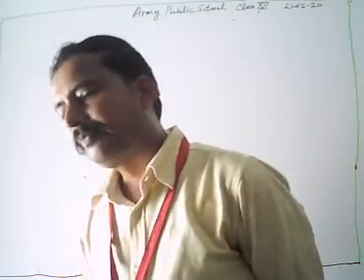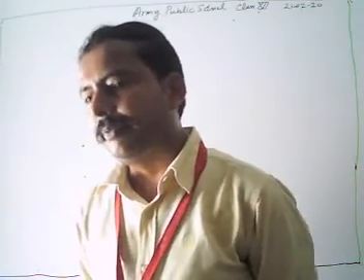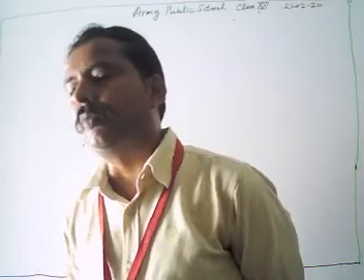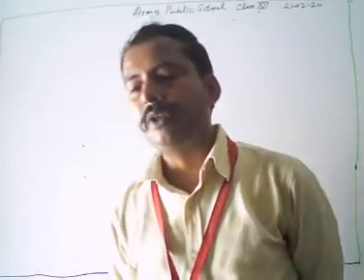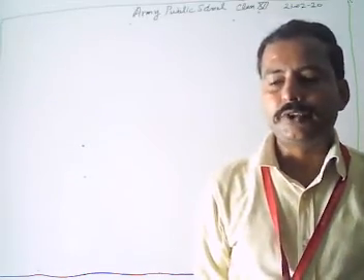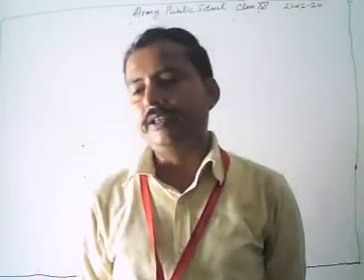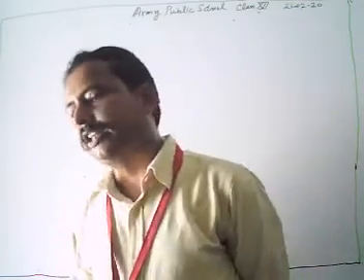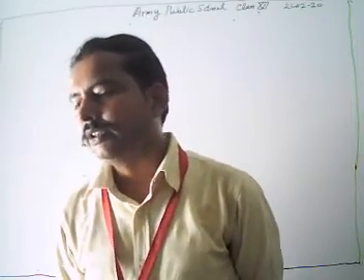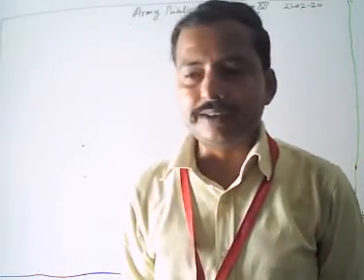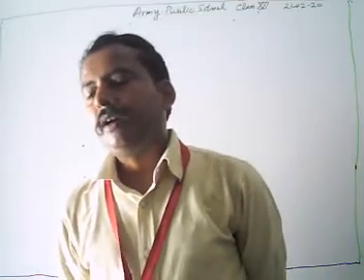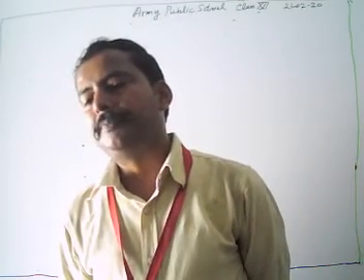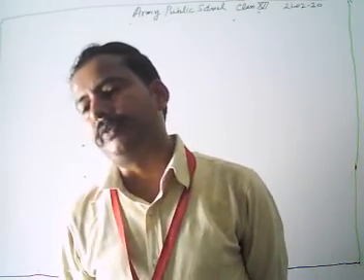Now look, again I am going to revise the steps to solve a homogeneous differential equation. First of all, transform the differential equation: take dy/dx on the left hand side and put everything containing x and y on the right hand side. In the first step, put y equal to vx.